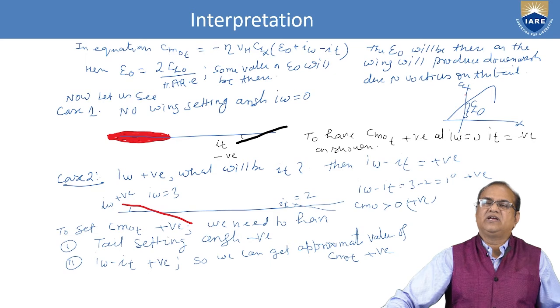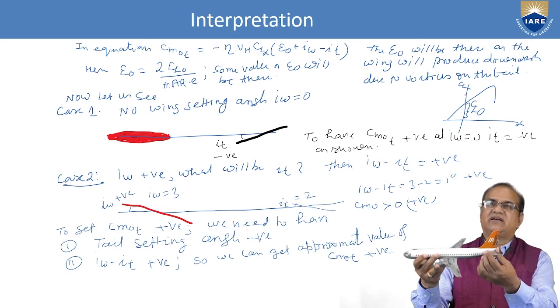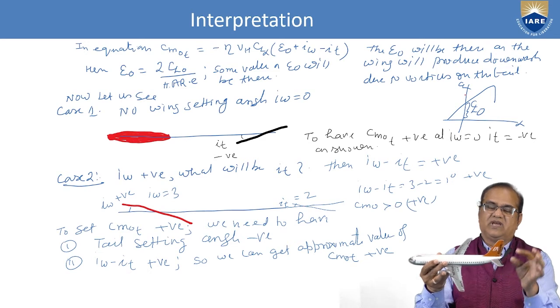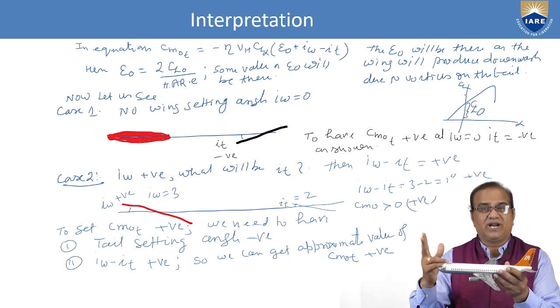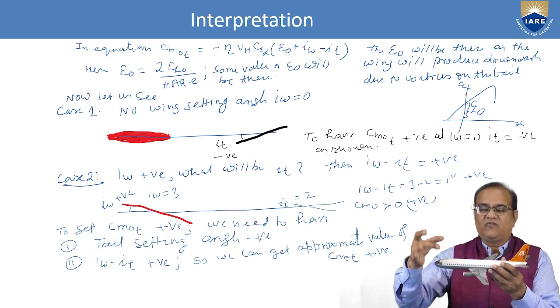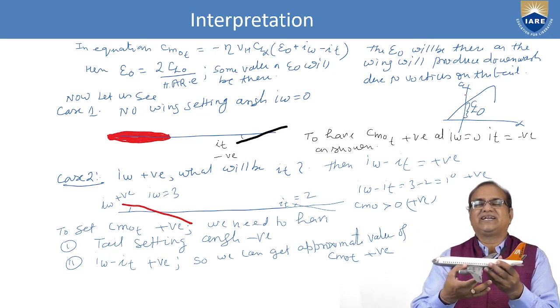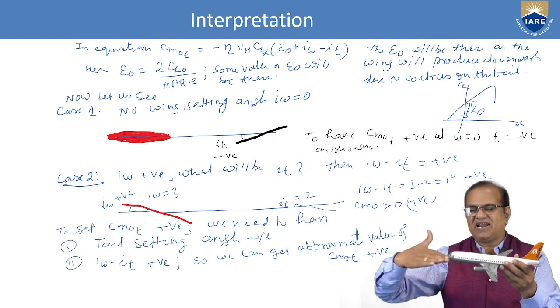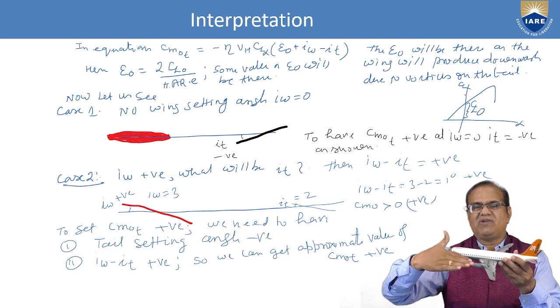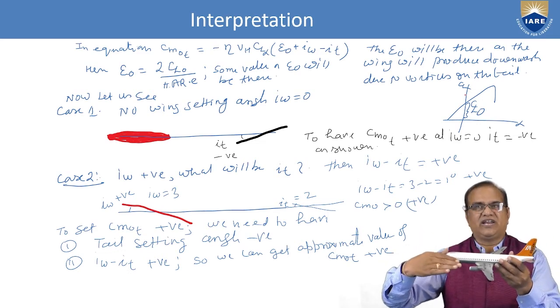What will be the angle of the horizontal tail? I have given here two conditions. First one, when the wing is at 0 setting angle. Wing is a straight line with the horizontal. The chord of this wing is in the same line as the horizontal line of this wing.